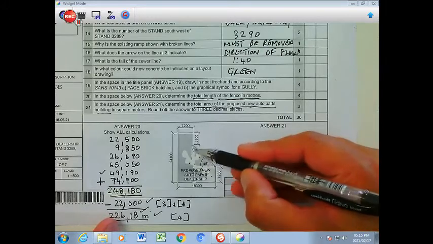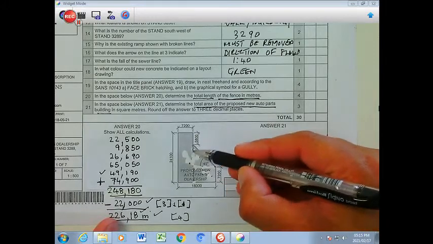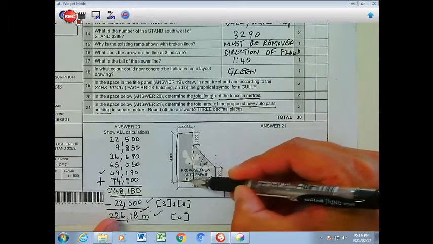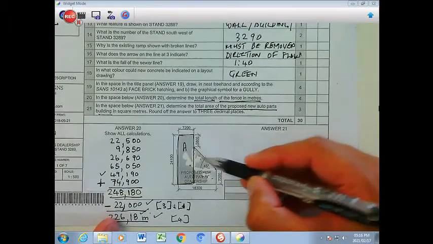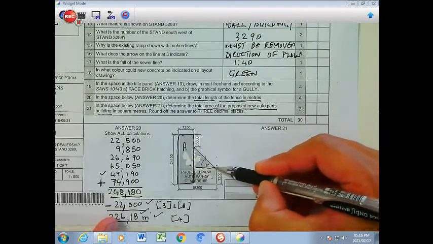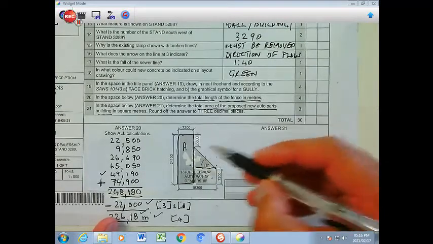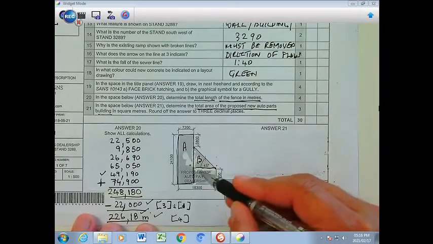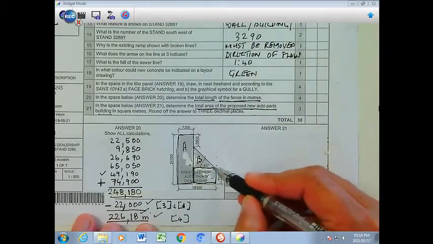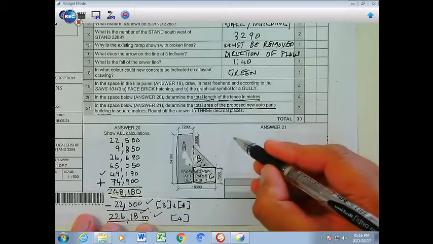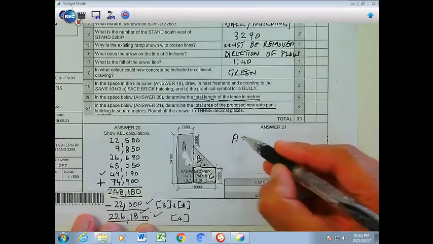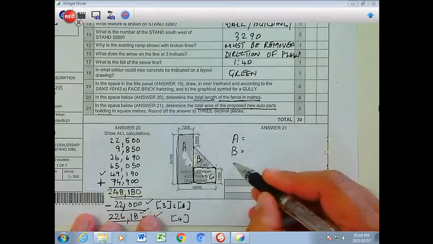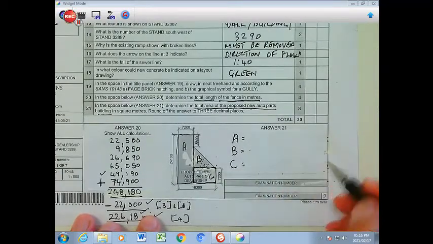So what I'm going to do is that I'm going to do that part there as one rectangle there. That's going to be A, and then I'm going to split this so that this causes to be a triangle, and that's going to be B. And then this last part here is going to be C. So I'm going to have A with the dimensions which I'm going to write in there, B with the dimensions that I'm going to write in there, C with the dimensions that I'm going to write in there.